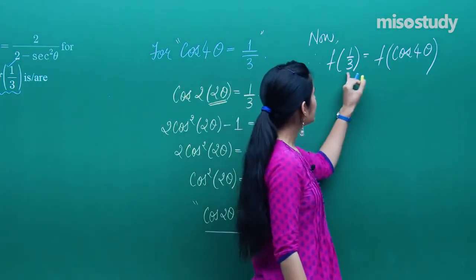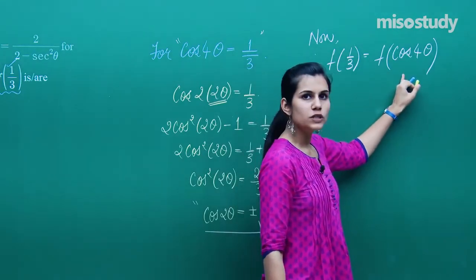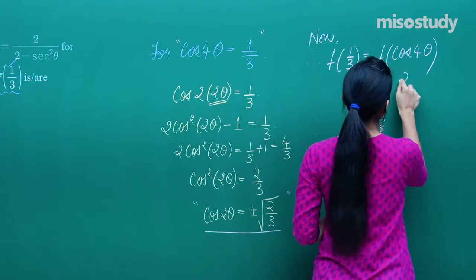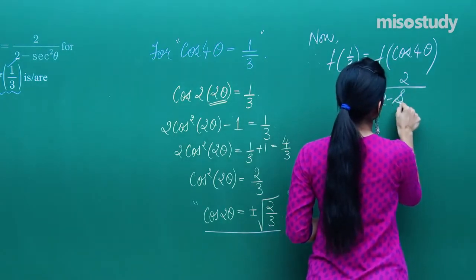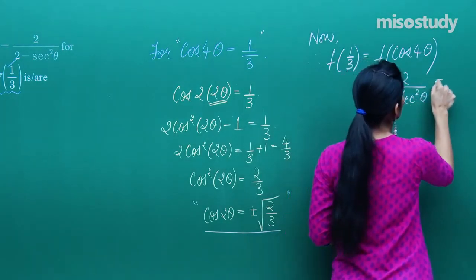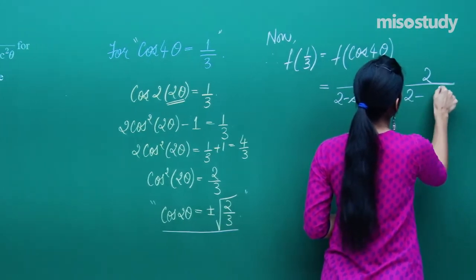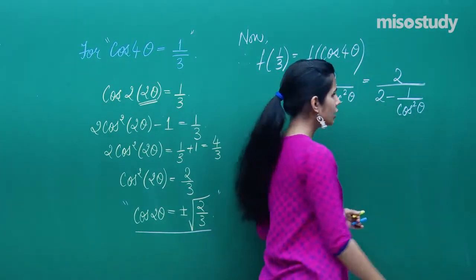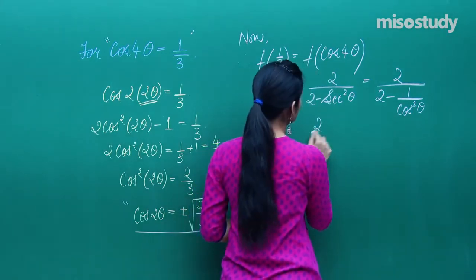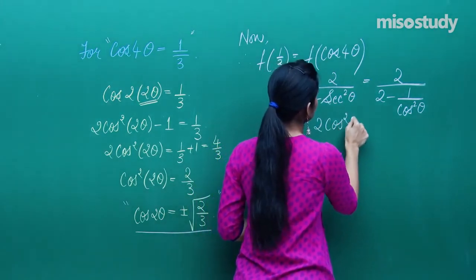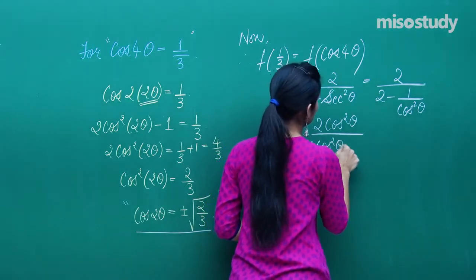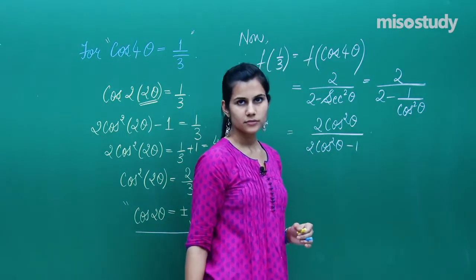So if cos 4 theta is 1 by 3, f of 1 by 3 is f of cos 4 theta, which is given to me as 2 upon 2 minus sec squared theta, which means 2 upon 2 minus 1 upon cos squared theta, which means 2 cos squared theta upon 2 cos squared theta minus 1, right?